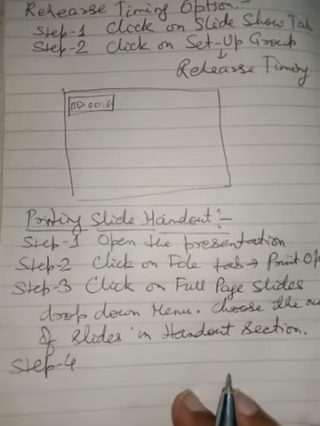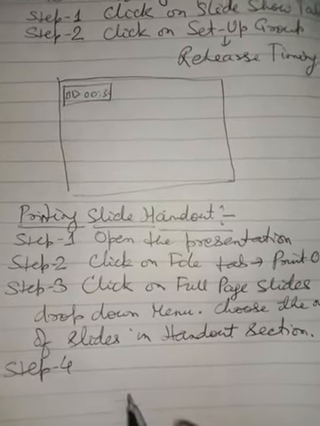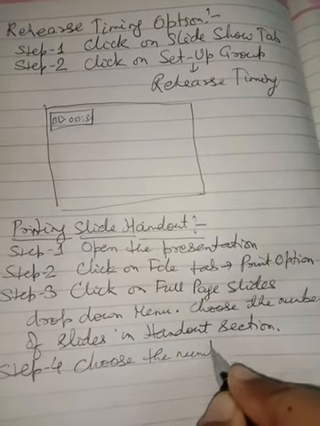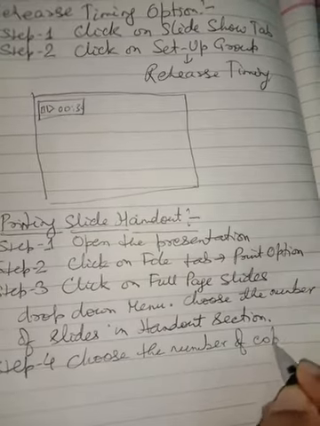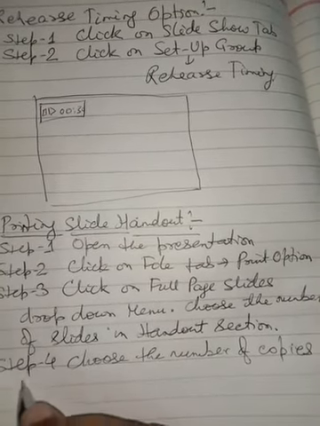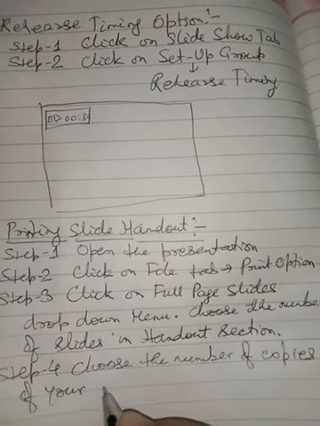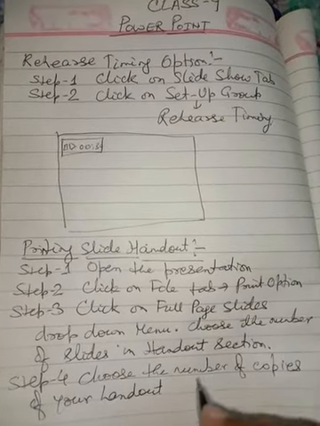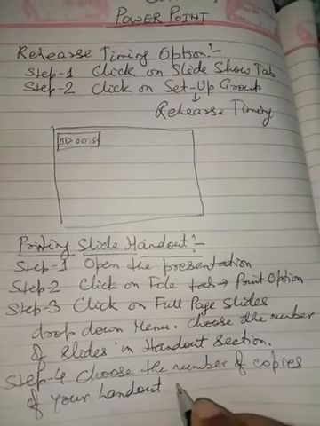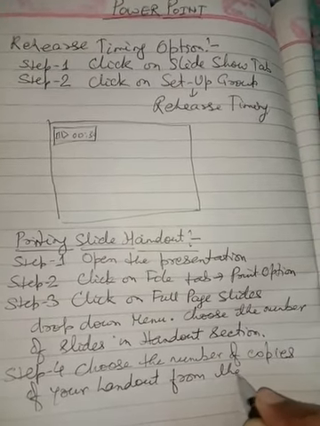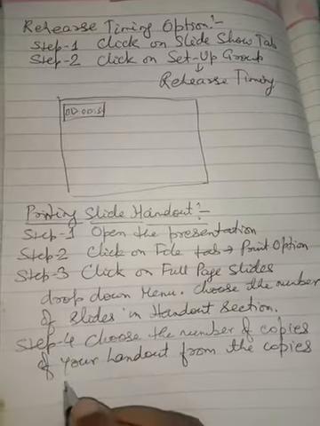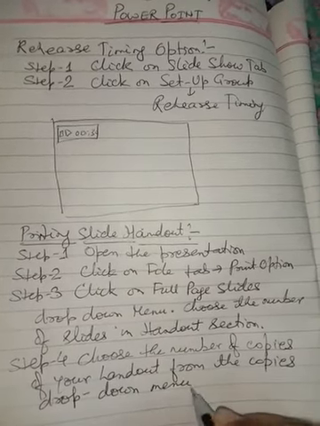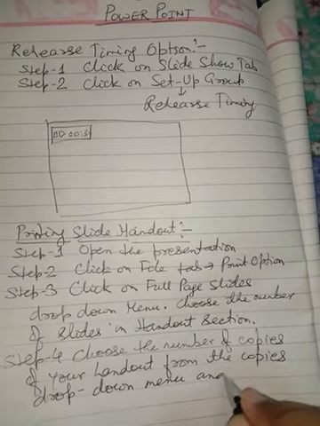The next step is step 4. In step 4, choose the number of copies of your handout from the Copies drop-down menu, and then click on the Print button.